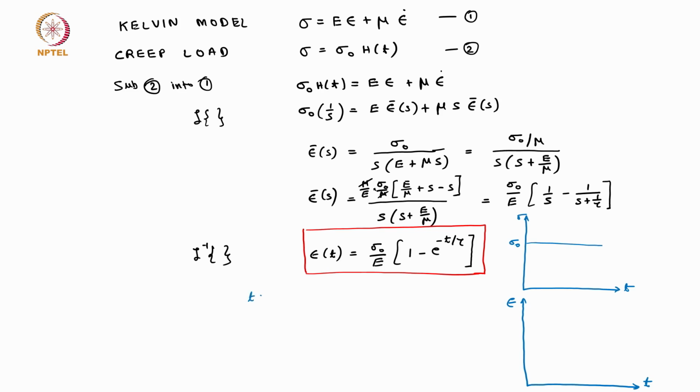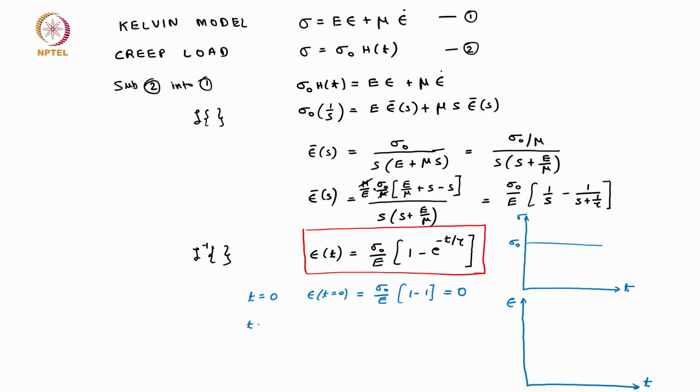Let us look at the instantaneous response at time t equal to 0. Once you plug in time t equal to 0 in the equation, we should get sigma naught by E times 1 minus e power 0, which is 1. So, overall it should be 0.